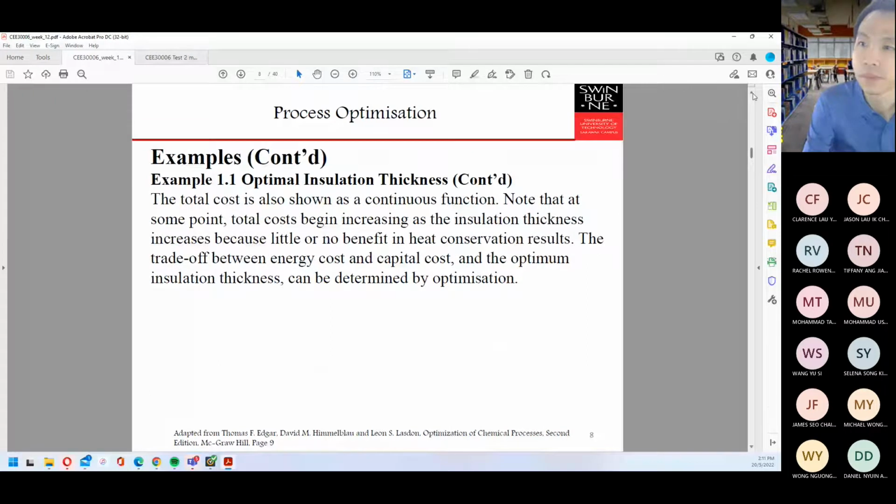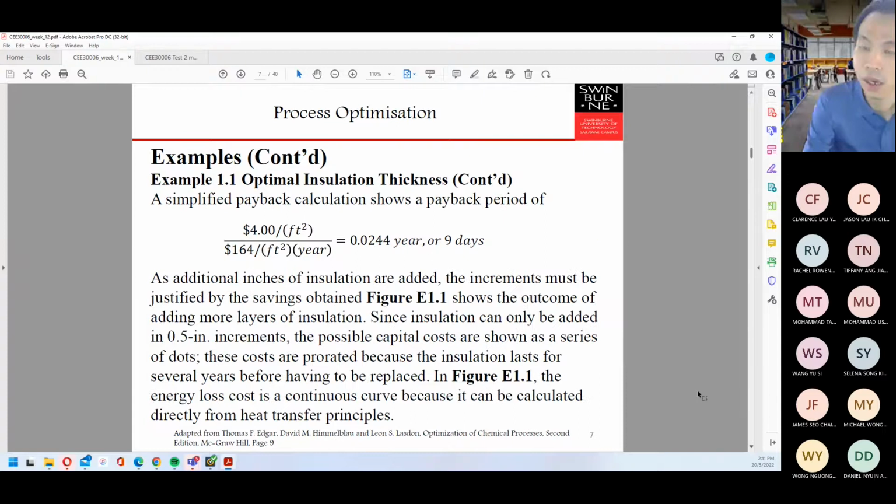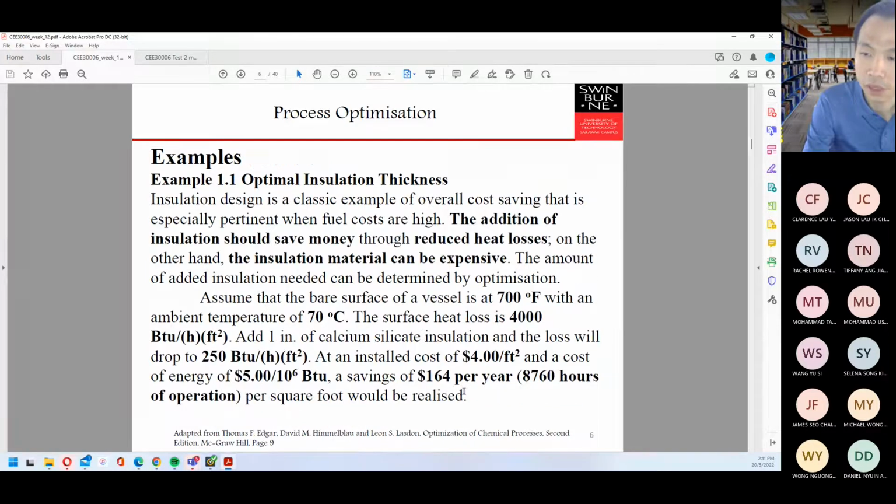So this is basically saying that for a certain insulation thickness, we will be able to get a particular rate of saving.